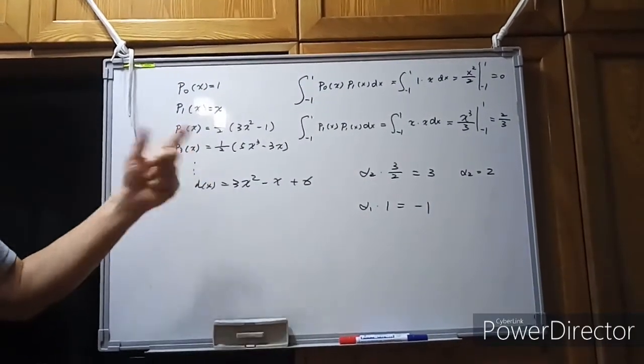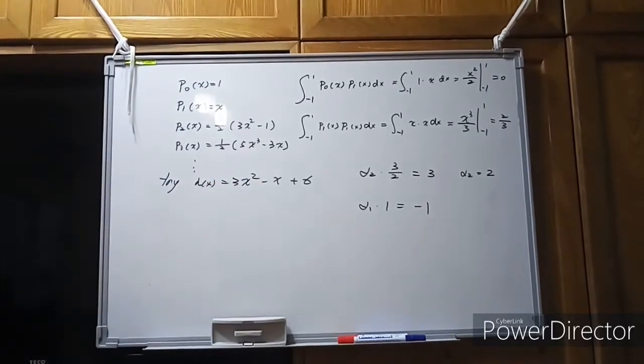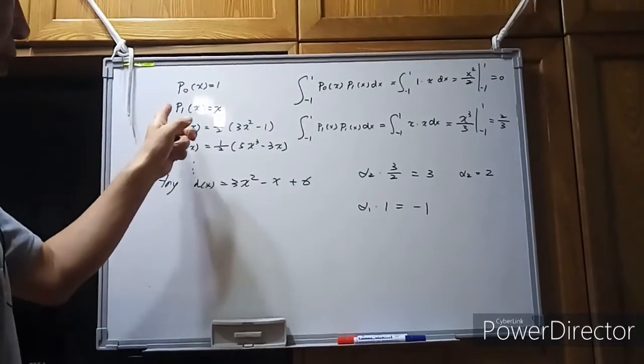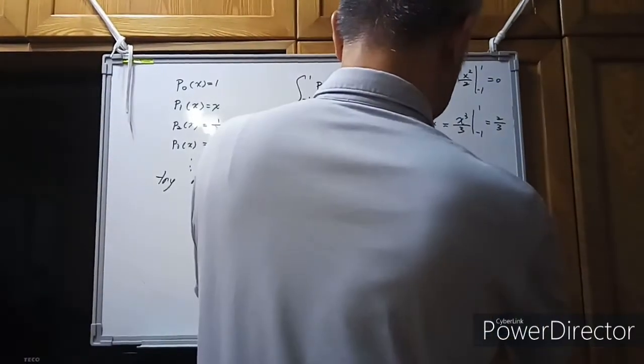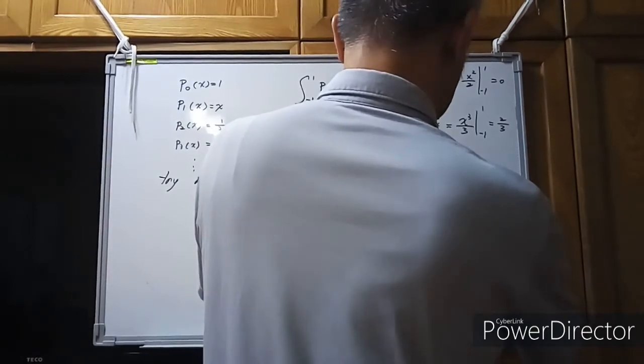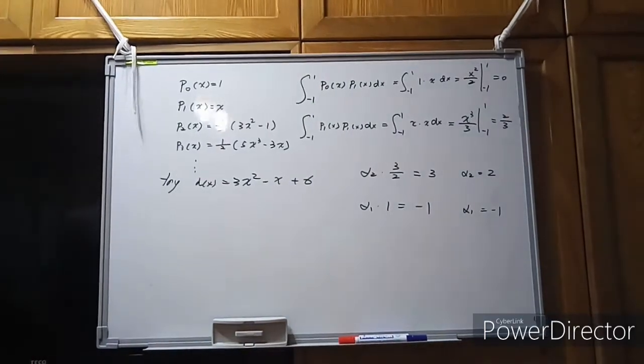Okay, the only term which will contribute to the x raised to 1 will be the alpha 1 times p1. So we know alpha 1 is equal to -1, and the constant.